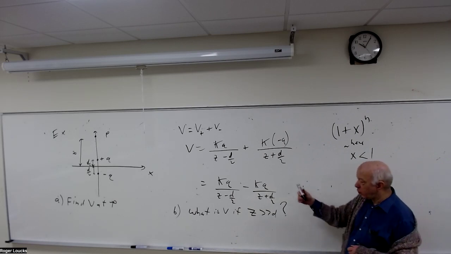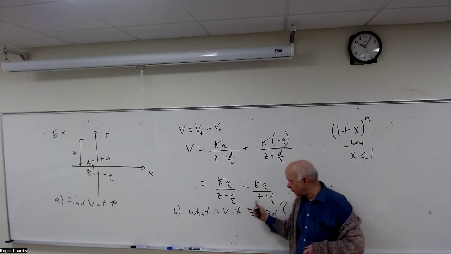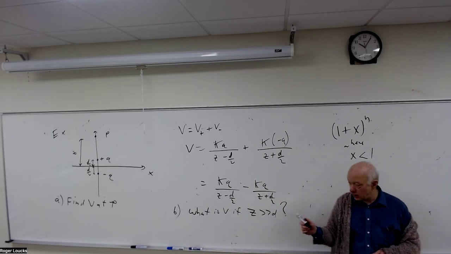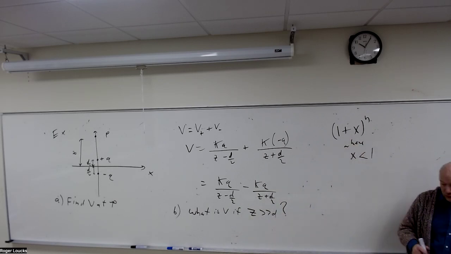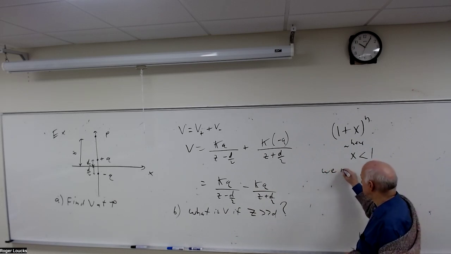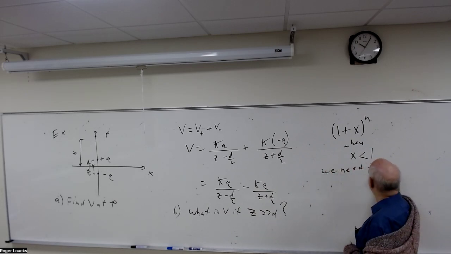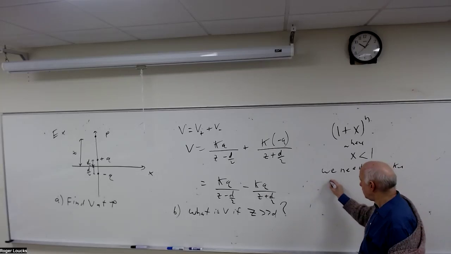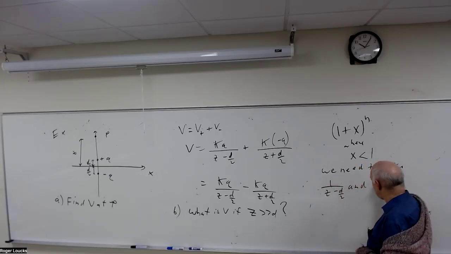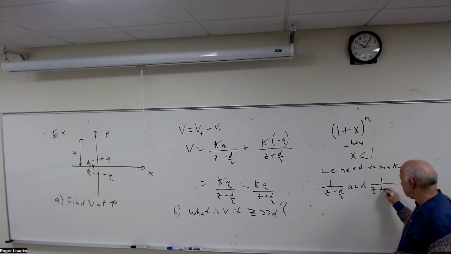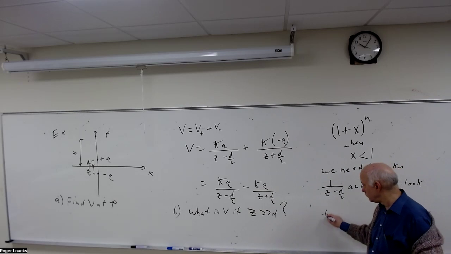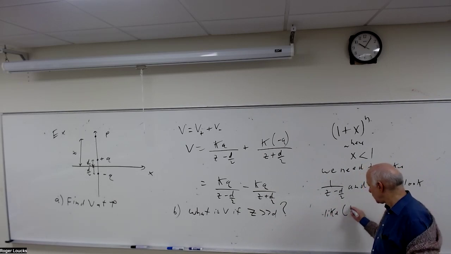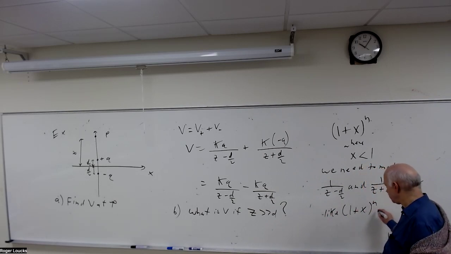We have to make this 1 over Z minus D over 2 and this 1 over Z plus D over 2 look like this here, like 1 plus x to the n.